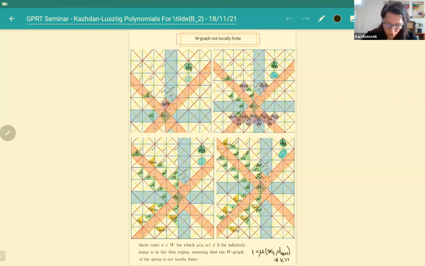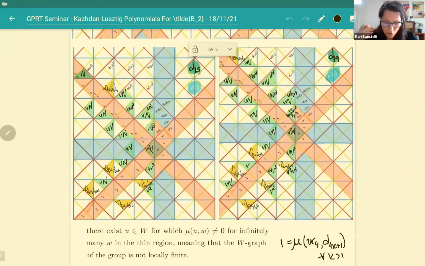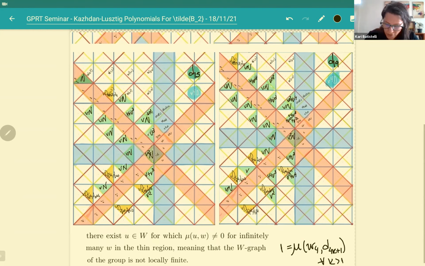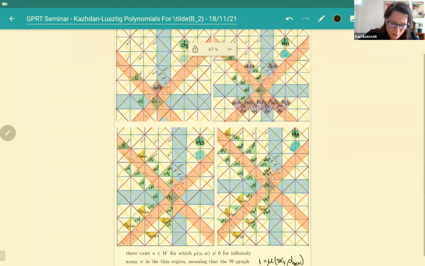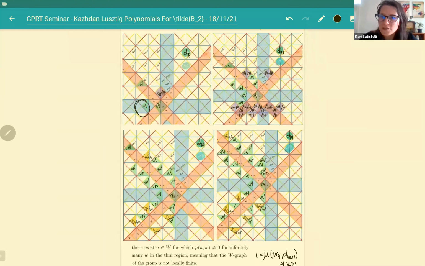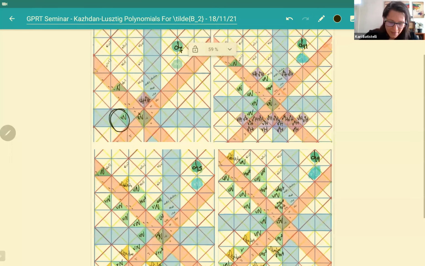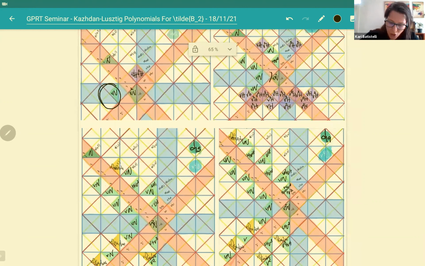The definition of it not being locally finite is that there has to be an element u so that the mu coefficient is different from zero for infinitely many w showing up. And the way we see this here is, for example, if I have this person, which I'm going to call West 4, because it's in the west wall and it's number 4, starting from the identity. This person is always going to have a mu coefficient 1.